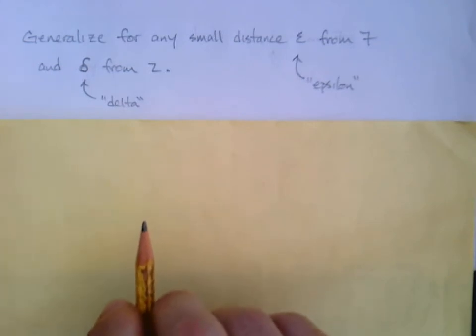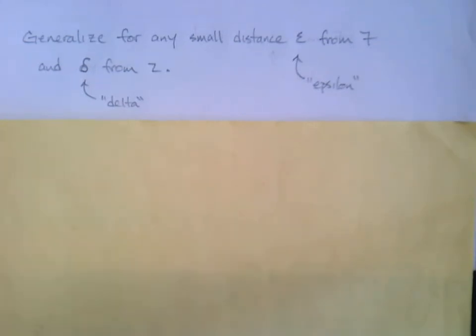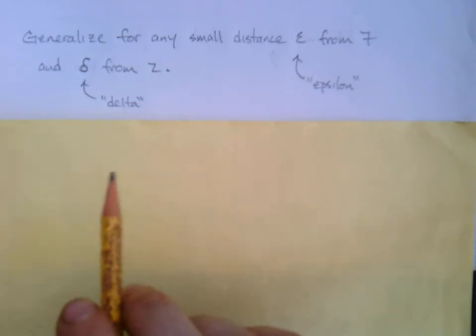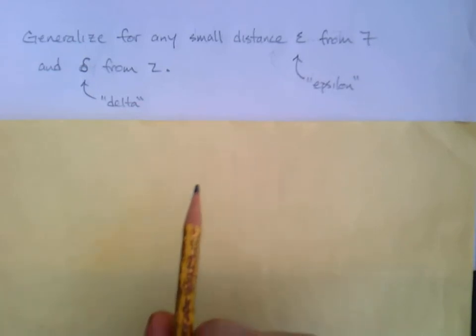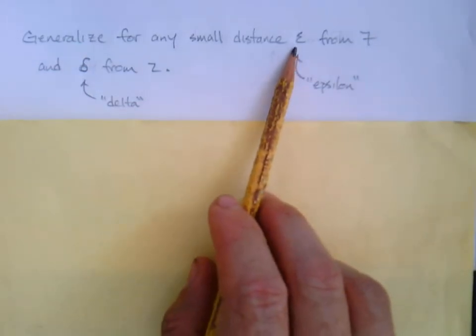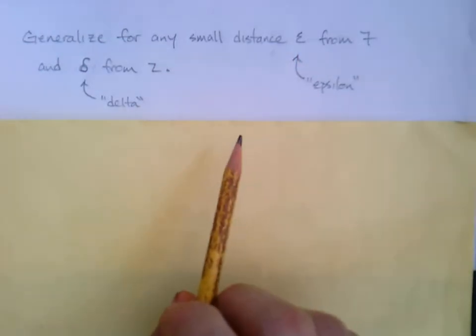Before we get to the precise definition itself, I think generalize is a good word. So instead of using specific values like 0.1 and 0.025, we're going to use variables. We're going to generalize for any small distance, and there's this Greek letter epsilon.